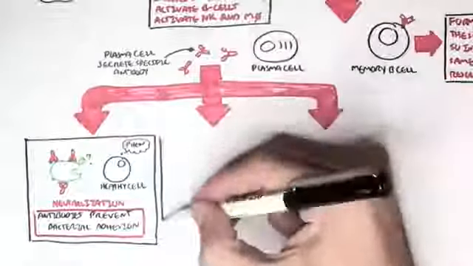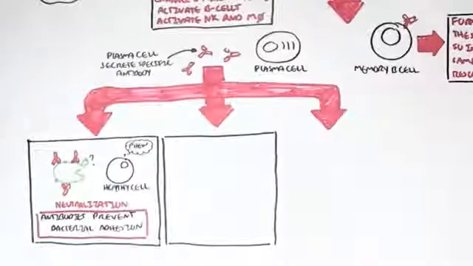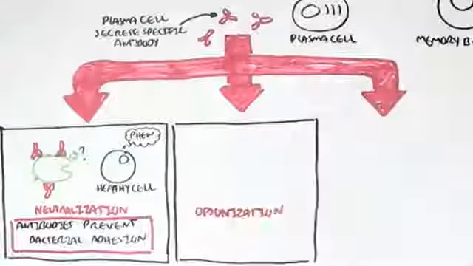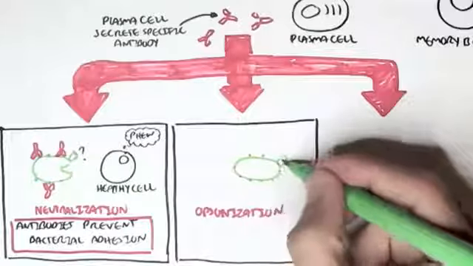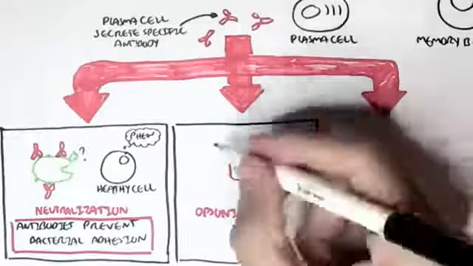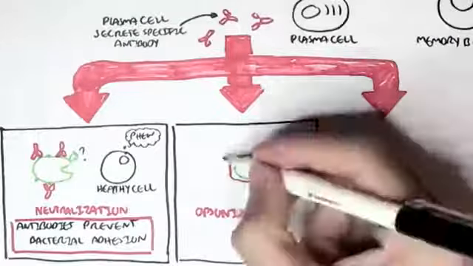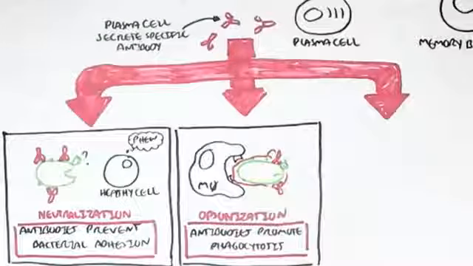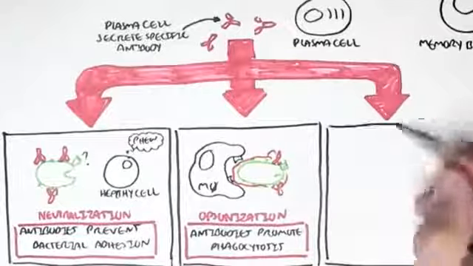Secondly, these specific antibodies can opsonize a pathogen. For example, antibodies can opsonize this bacteria, basically coating it for phagocytes to easily engulf it. So opsonization essentially promotes phagocytosis, such as macrophage phagocytosis.